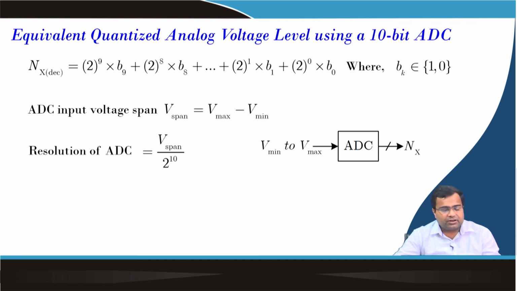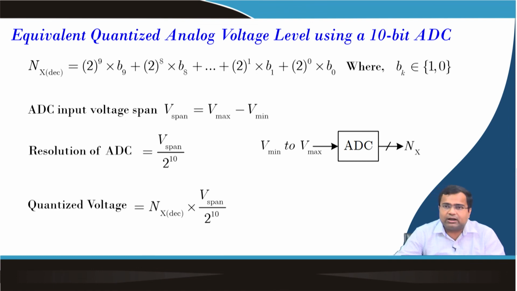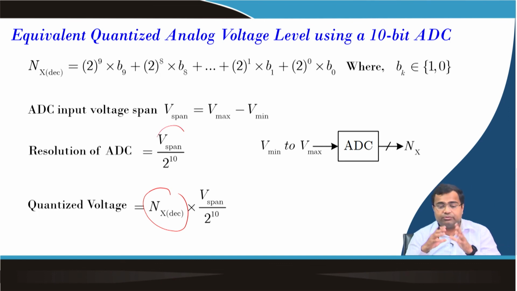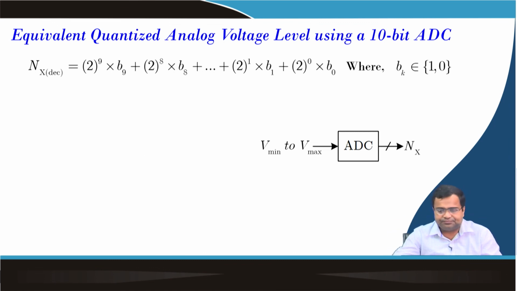Then resolution of the ADC is the span divided by 2 to the power number of bits. In this case, it is a 10 bit ADC. Then the quantized voltage level is whatever number we are getting multiplied by this factor. It will be quantized, and there is an error between the quantized voltage and the actual analog voltage because of the finite resolution.